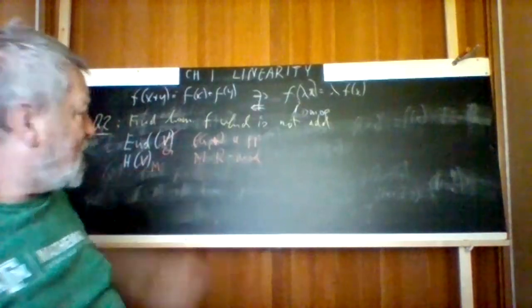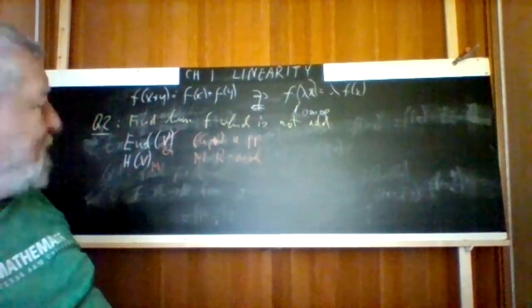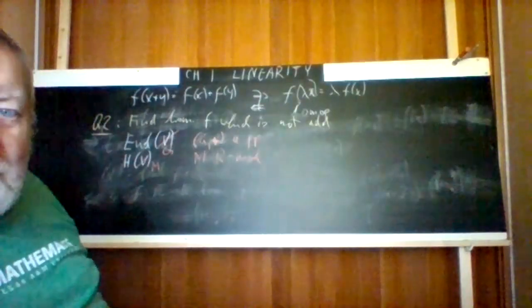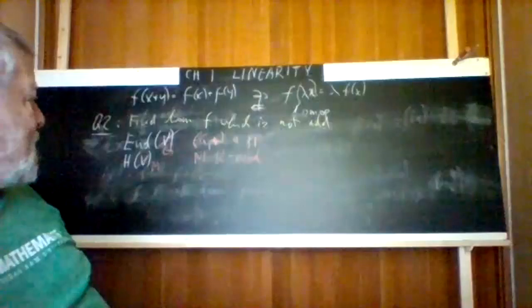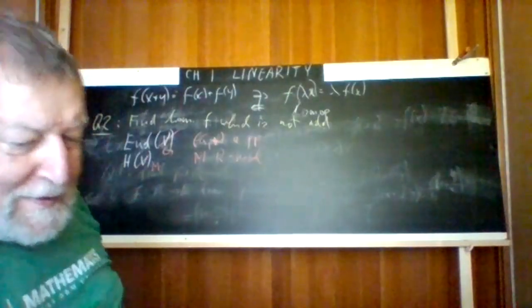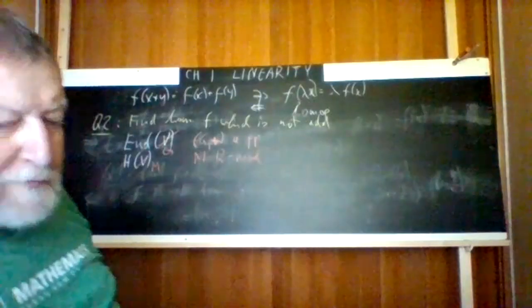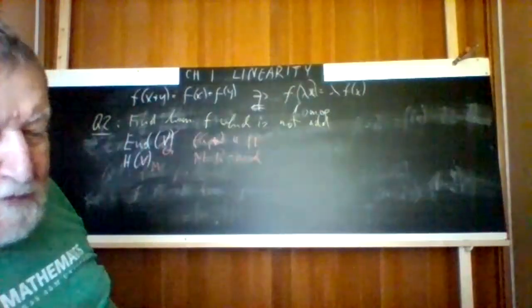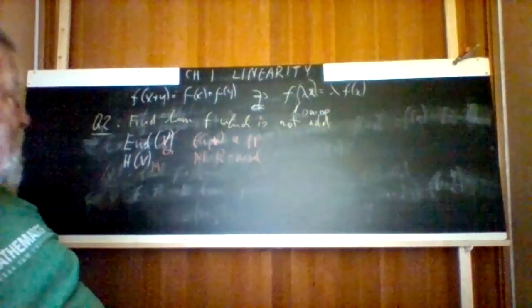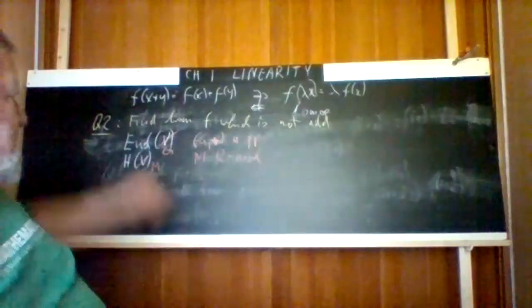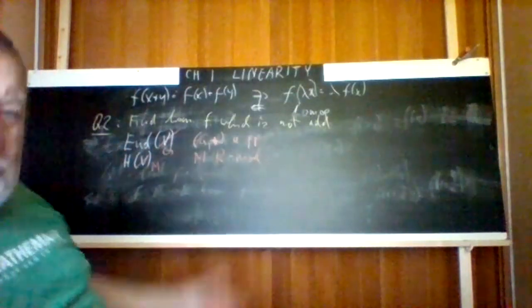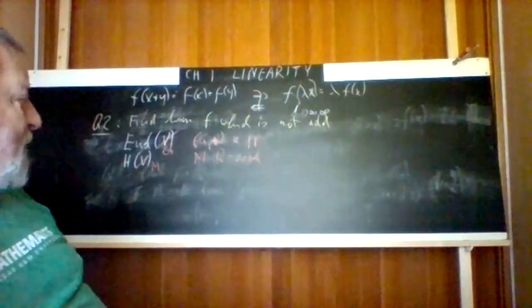So R modules are pretty general. They include all abelian groups. And so we have these two collections of maps. And now we might want to find out if they have some structure or so. So for instance, is End of G itself a group or something else?